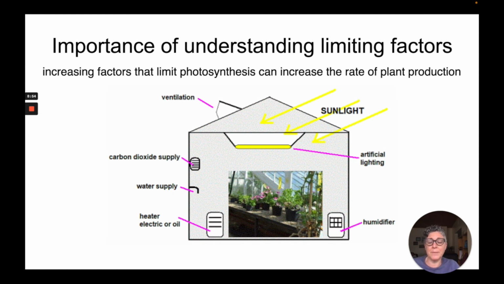So if you can get the optimum for all of the factors, for light, for carbon dioxide, for water, for heat, making sure there's ventilation, then you can increase your yield as a farmer. You have increased rate of photosynthesis. That means maximum growth, maximum flowers, maximum fruit production, and therefore you can ensure that you are having a profit all year long with your plant production.